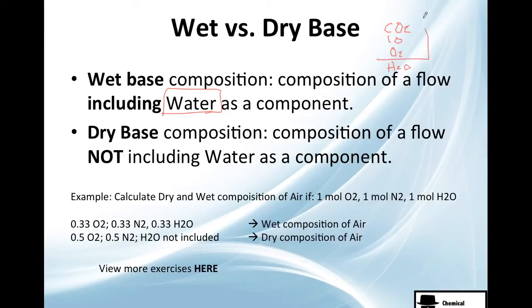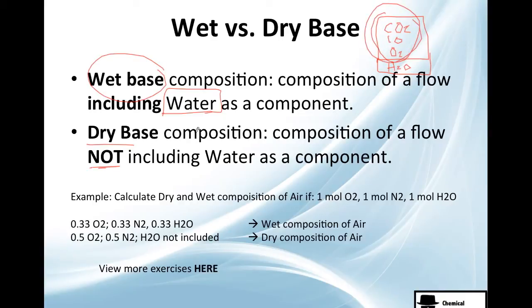If we do not count it, we only use this, it is dry base. But if we take water into account, we will be using this as wet base. Now, dry base is simply the composition of flow not including water.